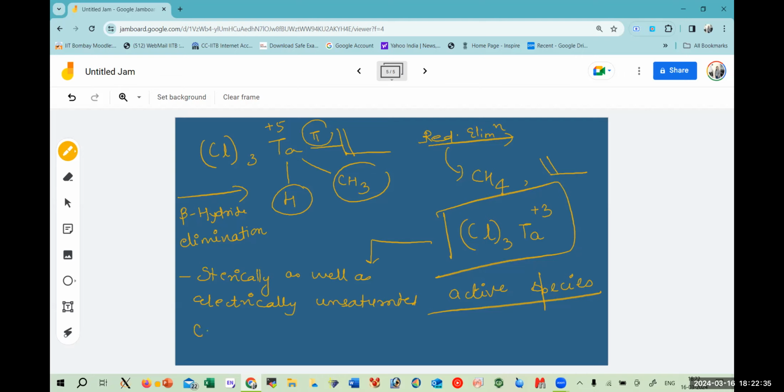So it is having a coordination number of 3, and it can go to 5. Also, it is having an oxidation state of +3, and it can go to +5. So both electronically as well as sterically, it is unsaturated.